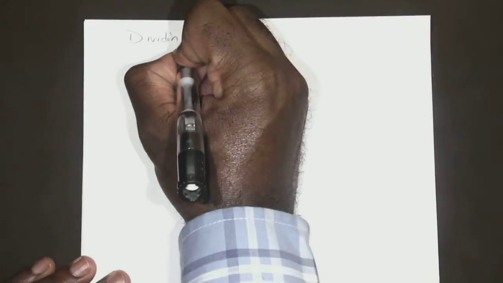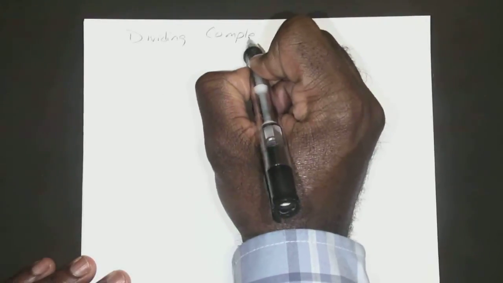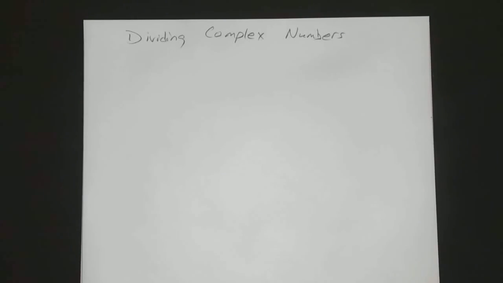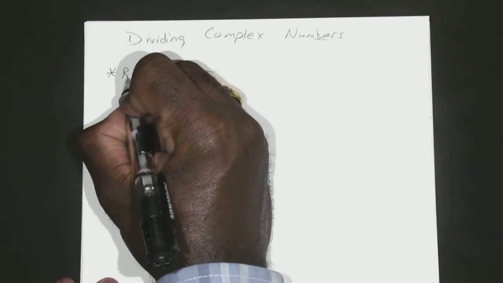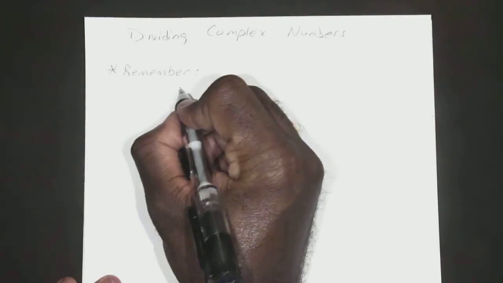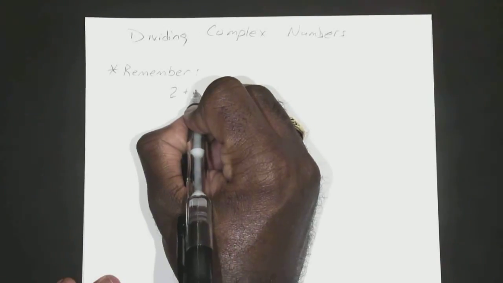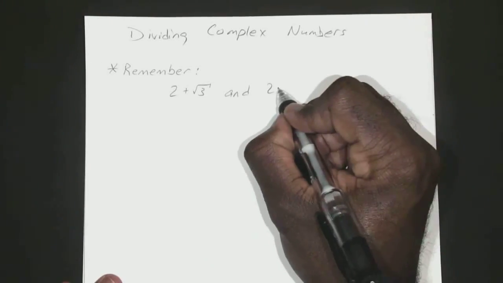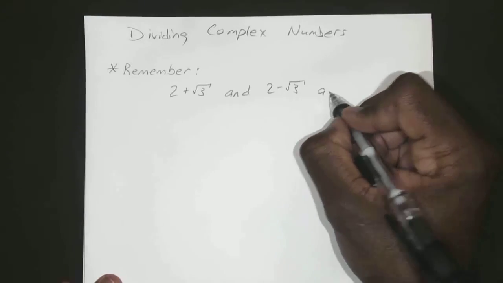Okay, so now we're going to look at dividing complex numbers. Now if you remember, when we did our dividing of radical numbers, if you had 2 plus square root of 3, you know that 2 minus square root of 3 means they are conjugates of each other.